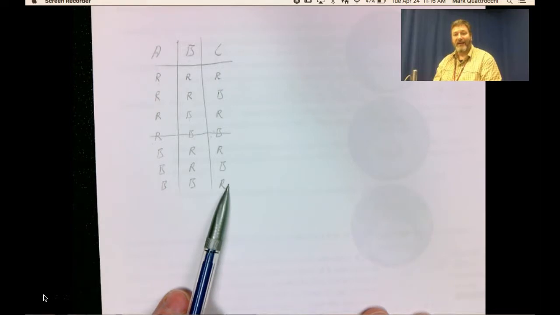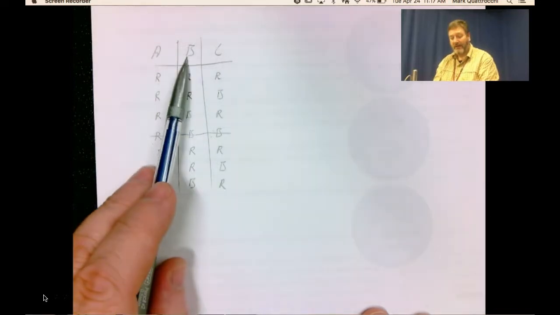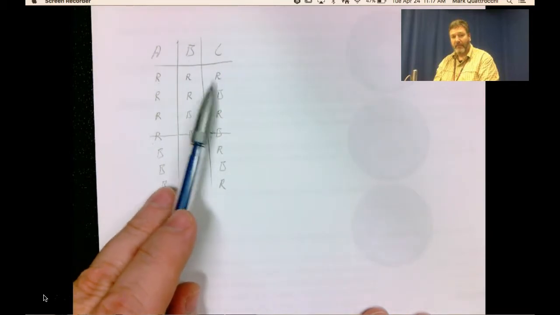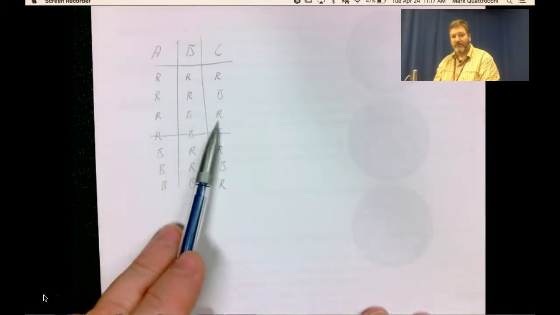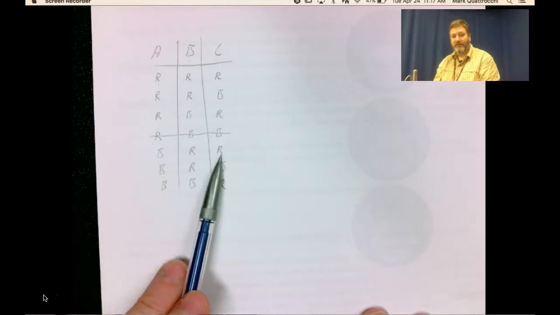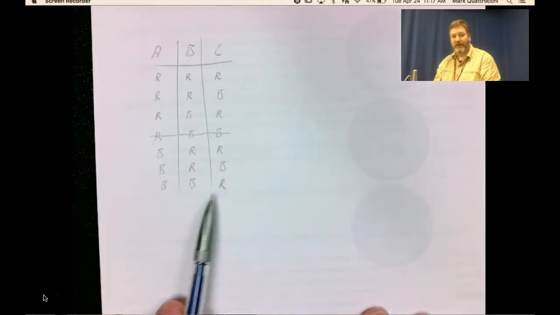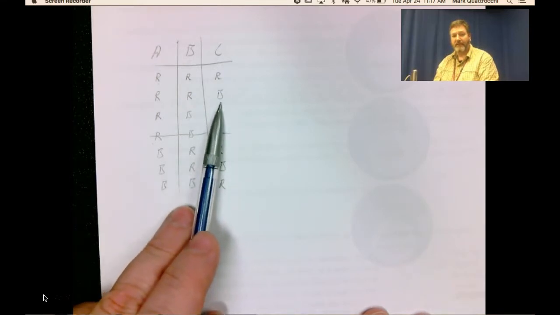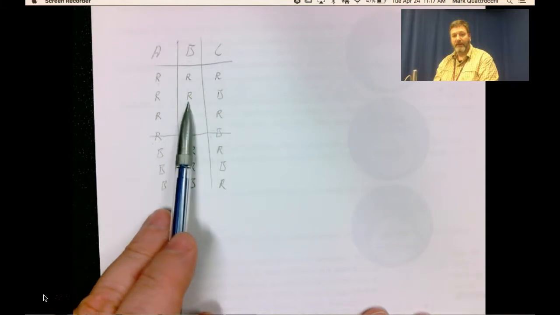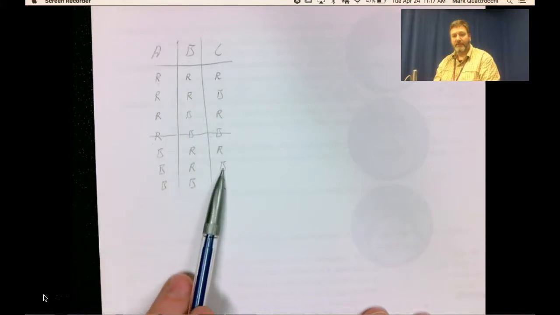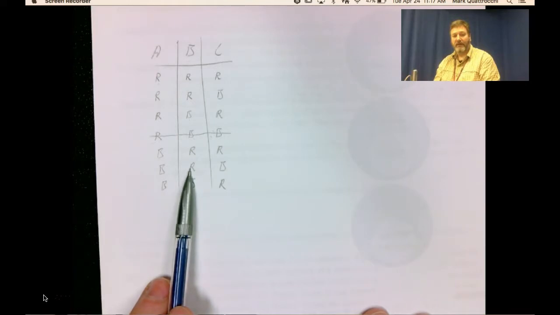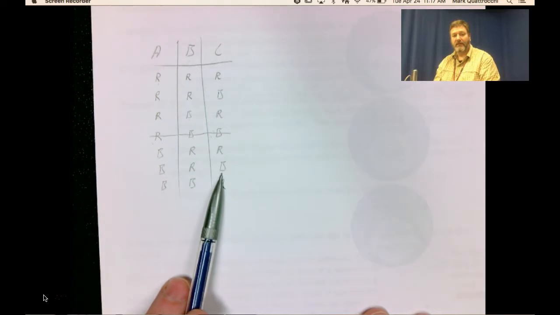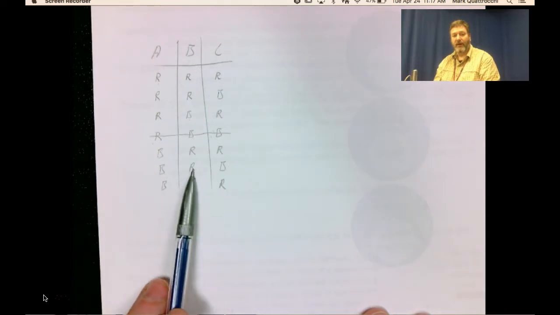Okay? If Ben saw a red hat, he could be wearing red or he could be wearing blue. But notice, if Ben sees a blue hat, he's wearing red. If Ben saw a blue hat, he would have known he was wearing red.